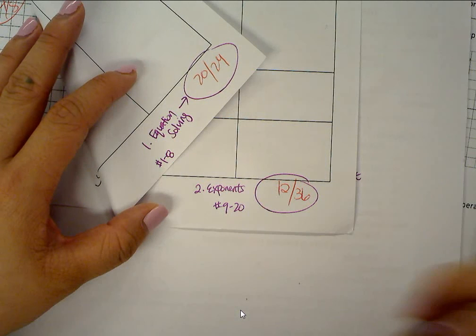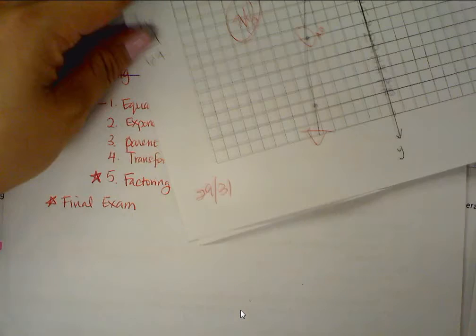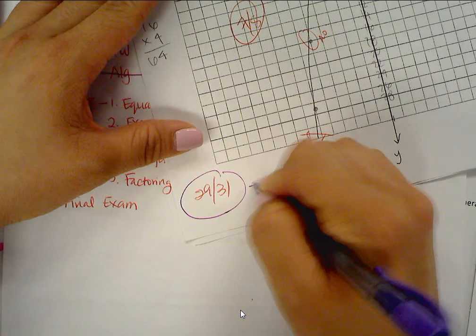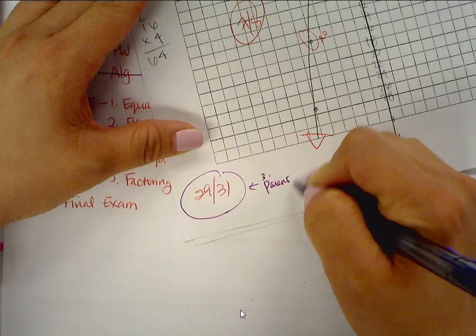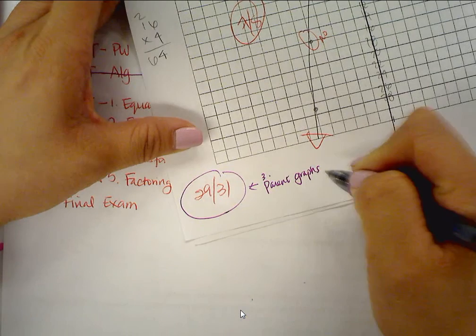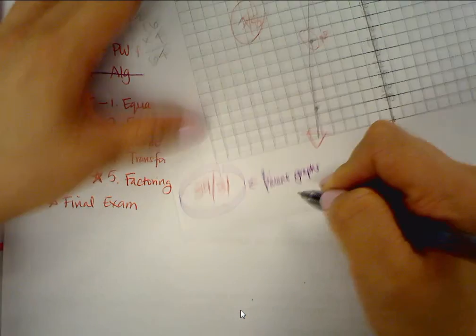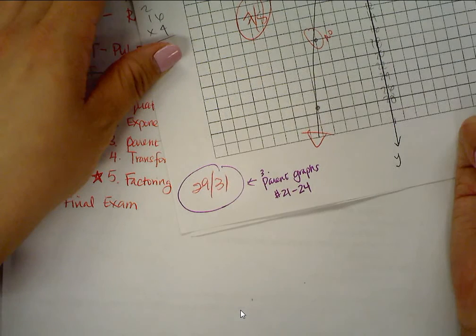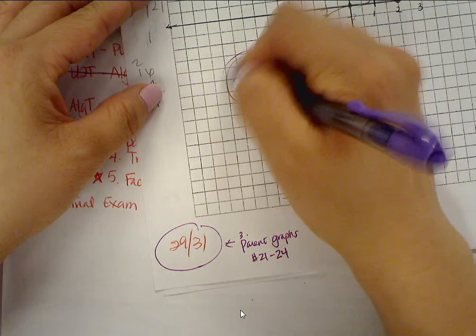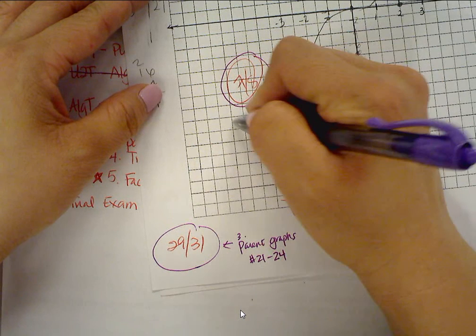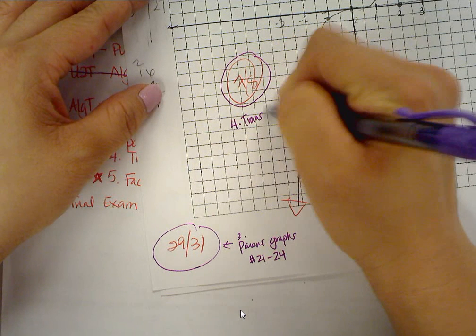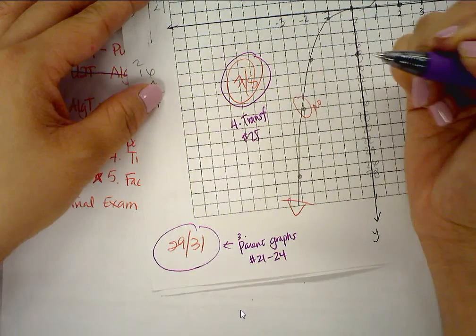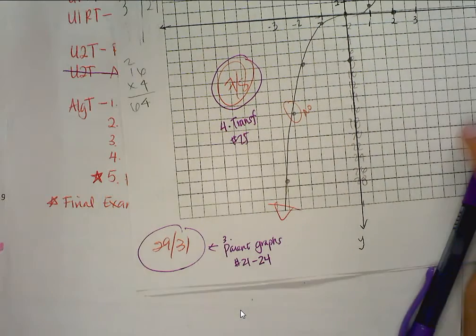The third, on the last page, this score is for your parent graphs. It's out of 31, for number 21 through 24. The last score is out of 8, and that's your transformations, number 25.